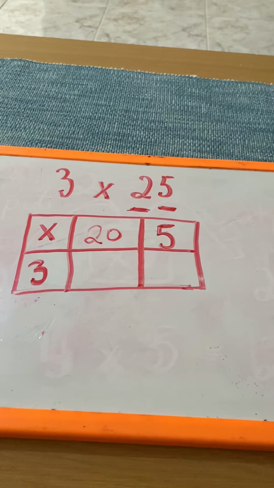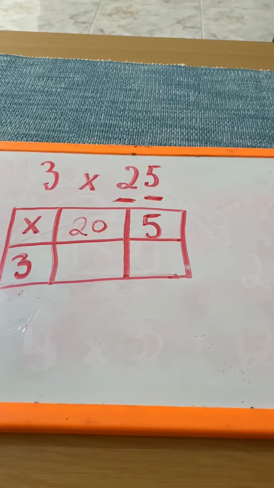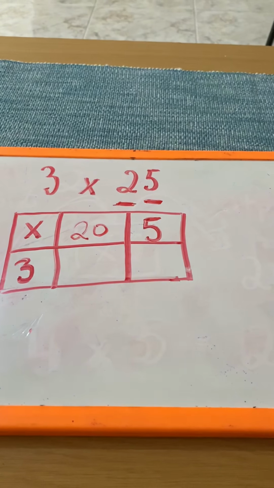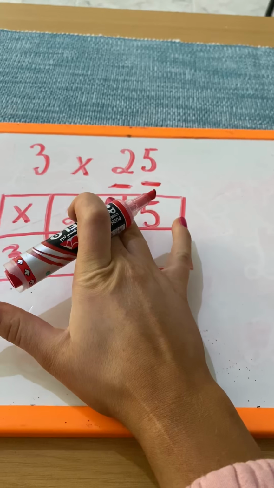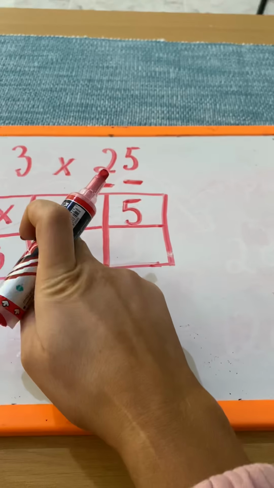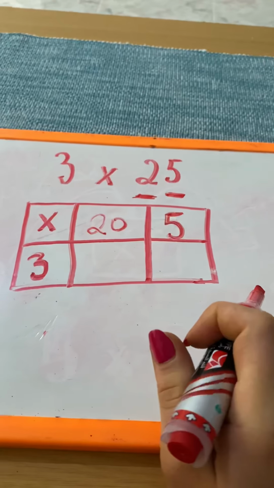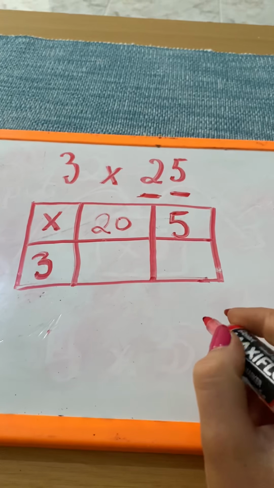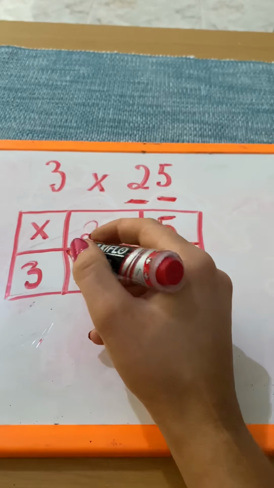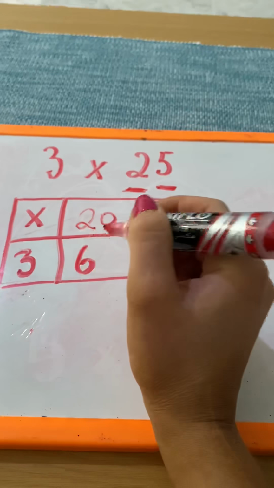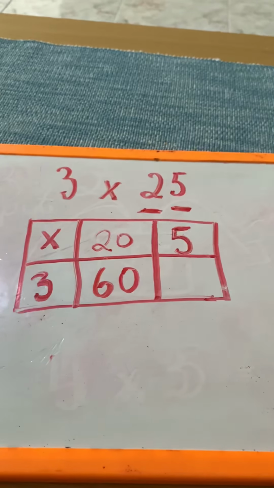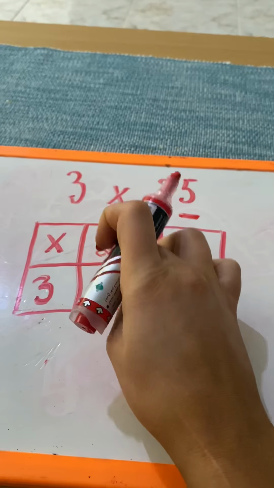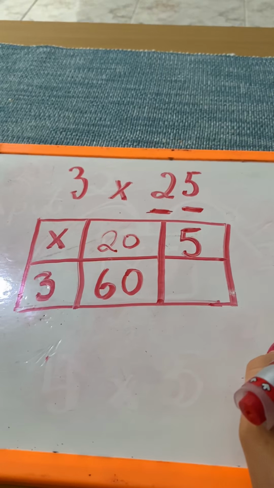But as you learned on Sunday, when we're multiplying by tens, we can look at our 0 and ignore it for a minute and treat this as 2 times 3. Now that's quite simple. We know 2 times 3 is 6, and then all we need to do is remember to add our 0. So we have 20 times 3 is 60.